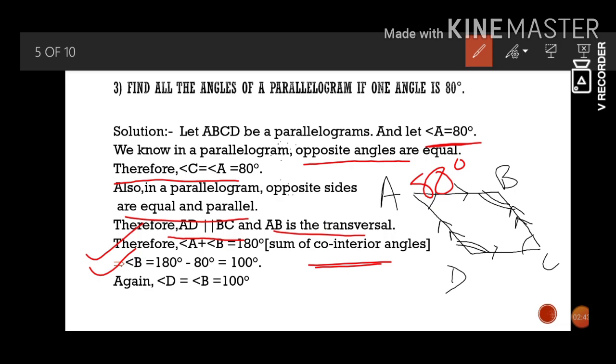Again, using the property that opposite angles of a parallelogram are equal, angle D is equal to angle B, which is 100 degrees each. So the angles are: angle A is 80, angle B is 100, angle C is 80 again, and angle D is 100. So these are all the angles of the parallelogram.